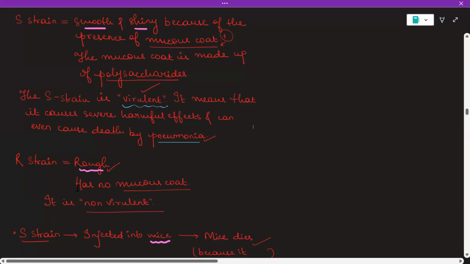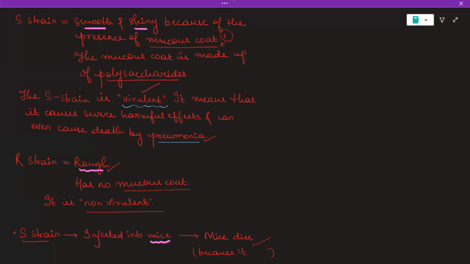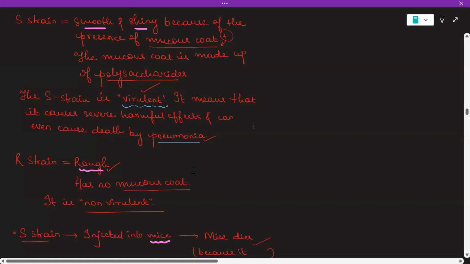But the R strain is called the rough strain, and it has no mucus coat and it's non-virulent. Non-virulent means it cannot cause pneumonia. So if we inject the R strain into the mice, it will live. So if this S strain bacteria is present, it will cause pneumonia? Yes, it will.